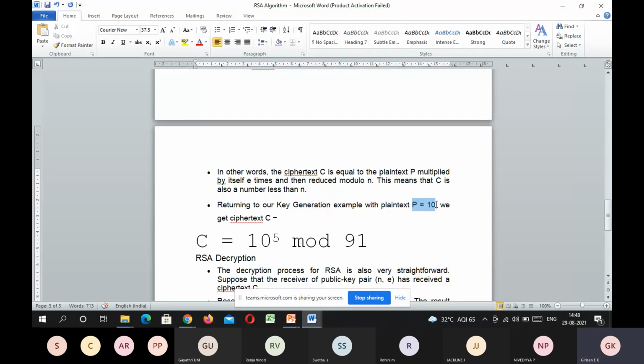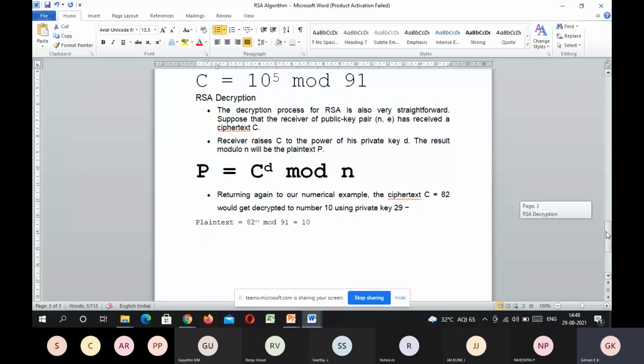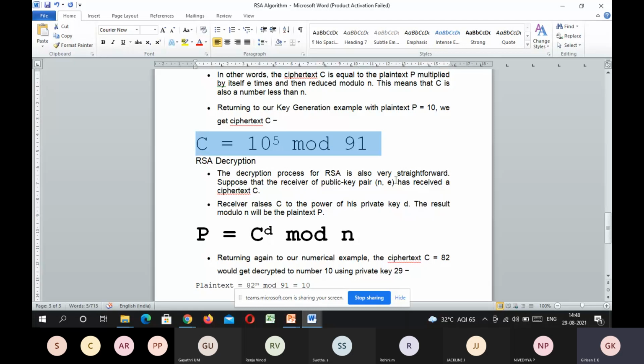So 10 power 5 mod 91. You have to calculate that; that will be the ciphertext, the value of C. So we got the value of C from this formulation as 82. Now the value of C is 82.